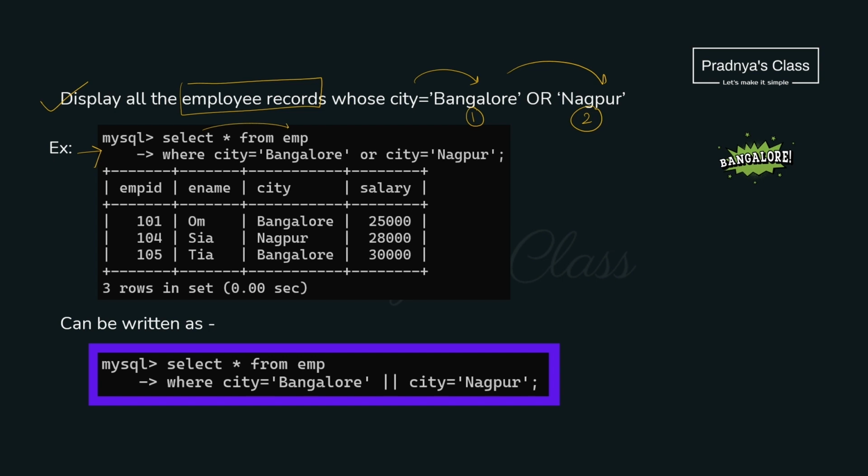Select star from employee where city equals Bangalore or city equals Nagpur. Concentrate on the field city. You can see records with Bangalore and Nagpur. In case of the OR operator, if any one condition is true, then the output will be true. Sometimes the OR operator will be written like this, but the meaning is the same.